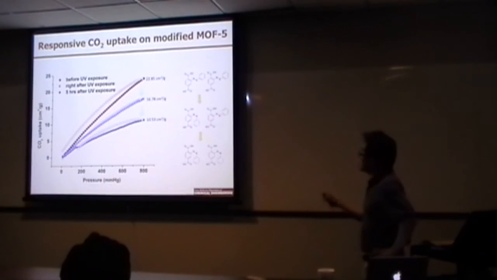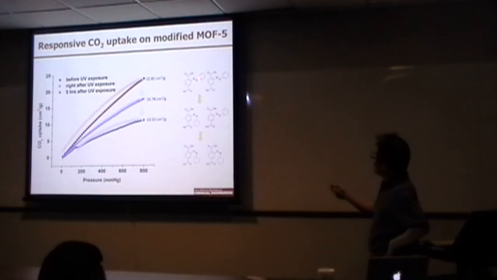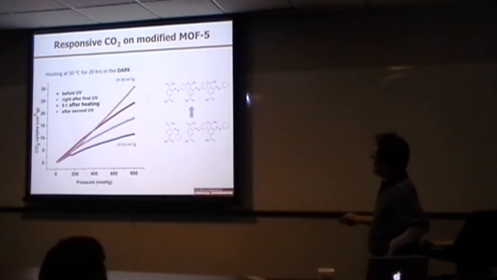So this is CO2 uptake as a function of pressure, and as you expose UV, these functional groups will start to switch to this state, and the CO2 uptake gradually decreases. Again, if you increase the temperature, then you recover the CO2 uptake that you originally had.